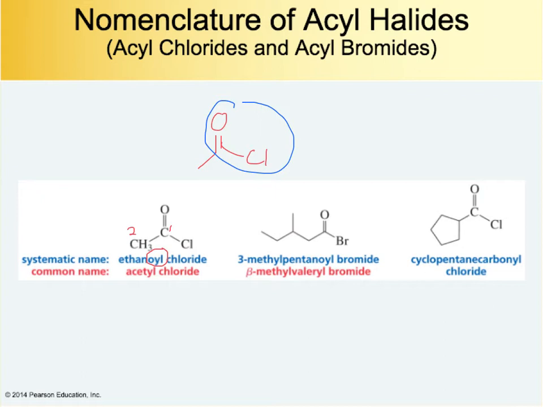Again, if it's a bromide, it's a bromide. So 1, 2, 3, 4, 5: it's pentanoyl for 5, oyl bromide, and there's a 3-methyl off of it. If you have a ring, again, cyclopentane carbonyl chloride. Usually I don't have people name a lot of these, but just so you know if you see them.